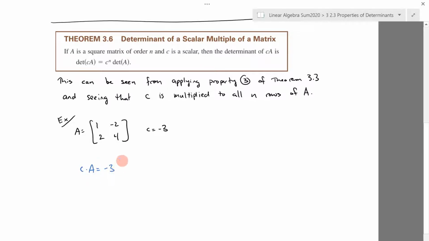So negative 3 times the matrix. I'm scalar multiplying, which means I multiply every entry by that constant. This gives me negative 3, 6, then negative 6, then negative 12. And now we calculate the determinant of this.